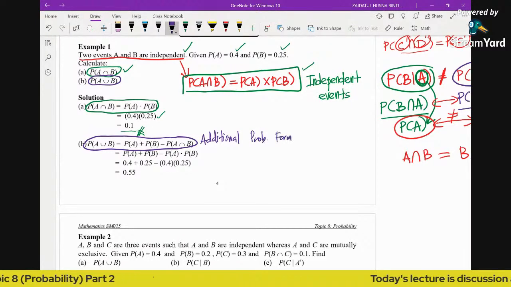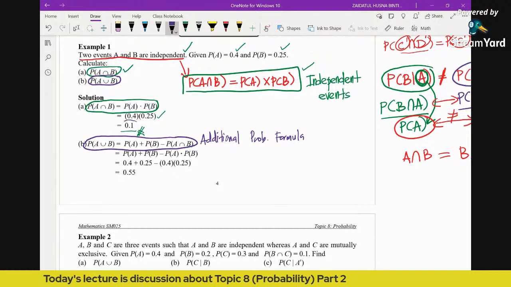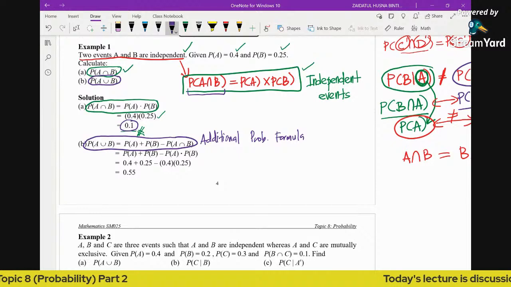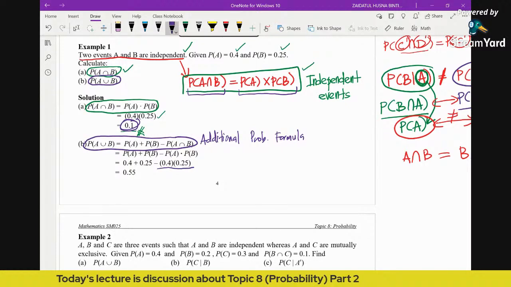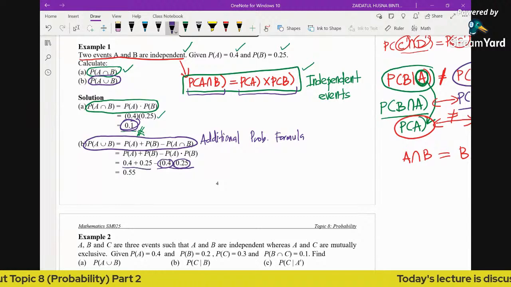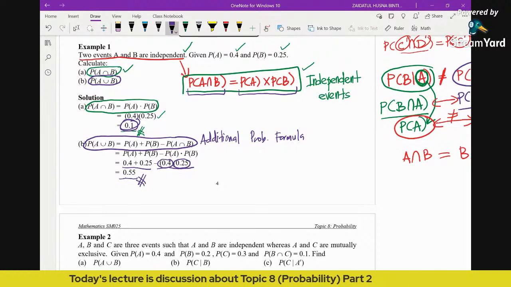The formula is probability of A plus probability of B minus probability of A intersect B. Because they are independent, we can say that probability of A intersect B is equal to probability of A times probability of B. We have got this 0.1, so you may just replace it here, or if you want to bring down the values again, you just multiply these two, add the first two, and then minus the product. So this is the answer. If the events are independent, it will be stated in the question, so you don't really have to worry.